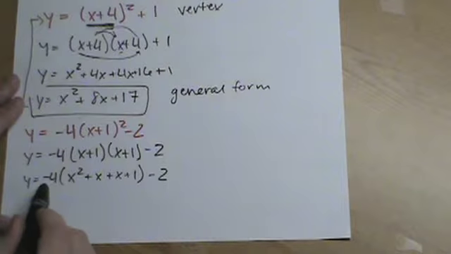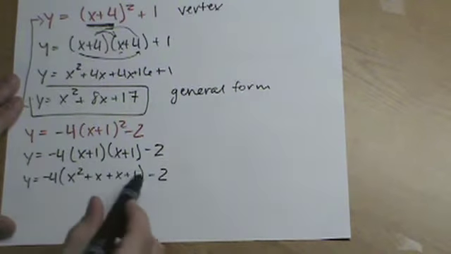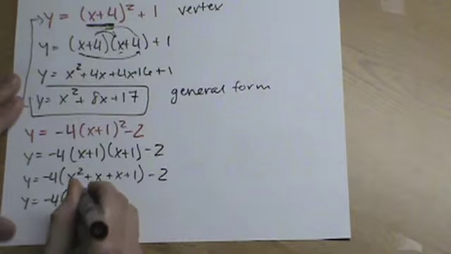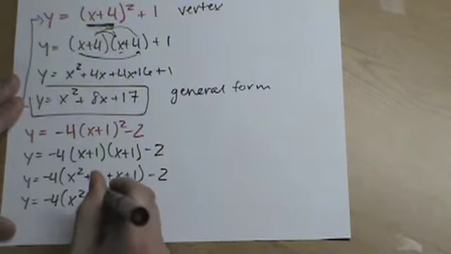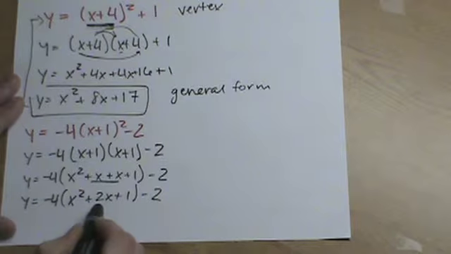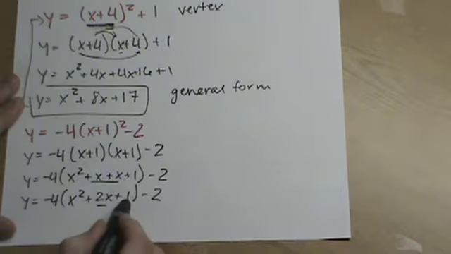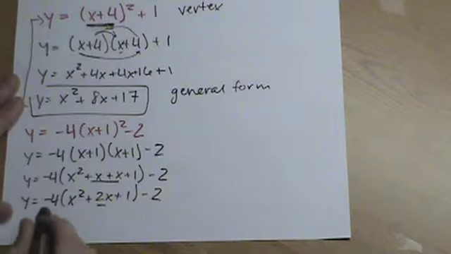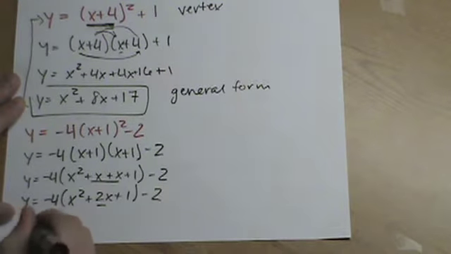Now I'm going to simplify what's in my polynomial. So y equals negative 4 times (x squared, which doesn't have anything. We have 2 x's and we have a 1). So these x's right here combine to be the 2x, the 1 I brought down, the x squared I just brought down. Now I'm going to distribute this negative 4.